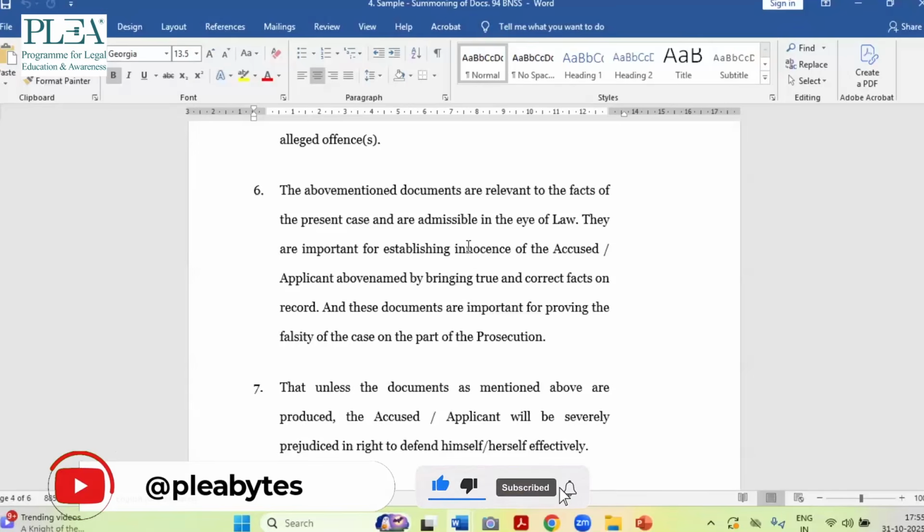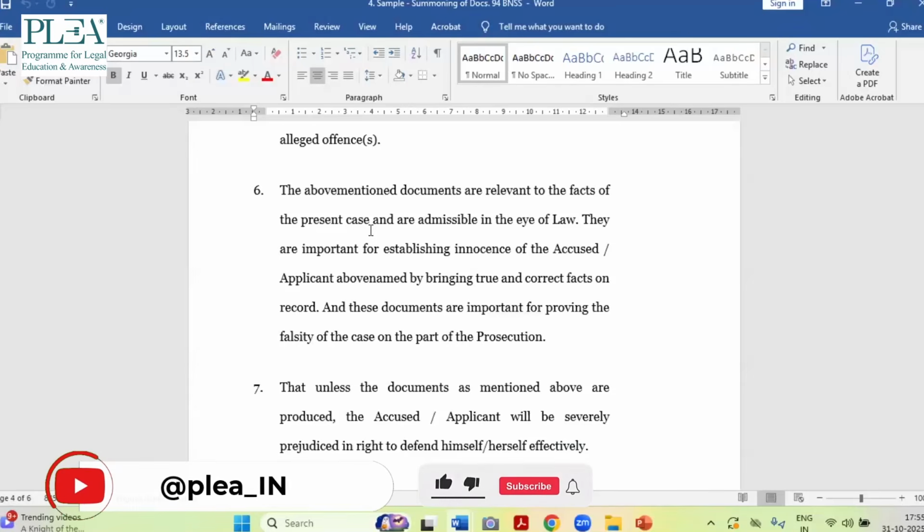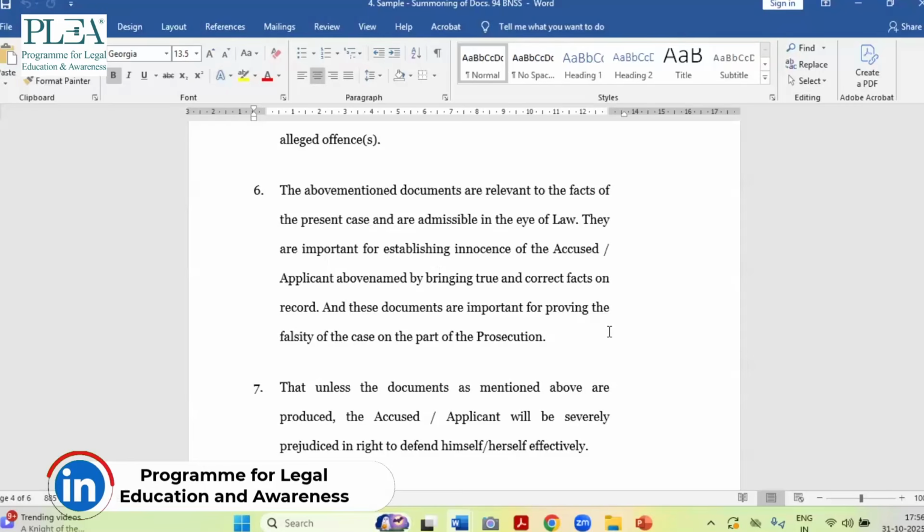Now, when it comes to original documents, certified copies, the seized materials, when they are in original format or where they can be directly produced for the court, they are directly made admissible in the eyes of the law. The documents are important to prove falsity of the case of the prosecution.